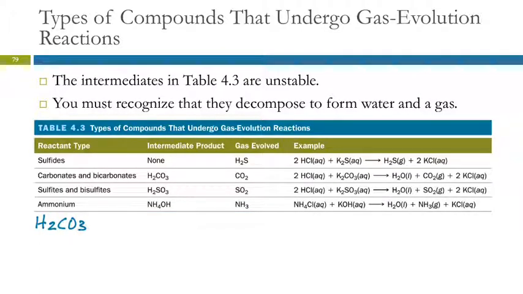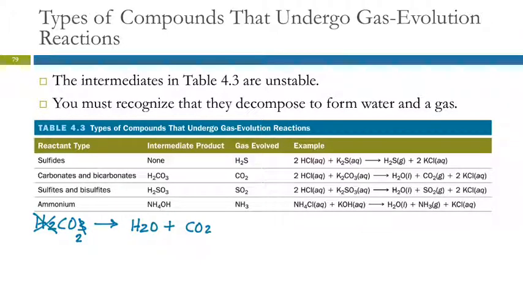So H2CO3. All of these decompose to form water and what's left. If we remove an H2O from this formula, I'm going to take off both of the hydrogens and get rid of one of the oxygens, so then I'll have 2 oxygens left. So I got H2O and CO2. See that?